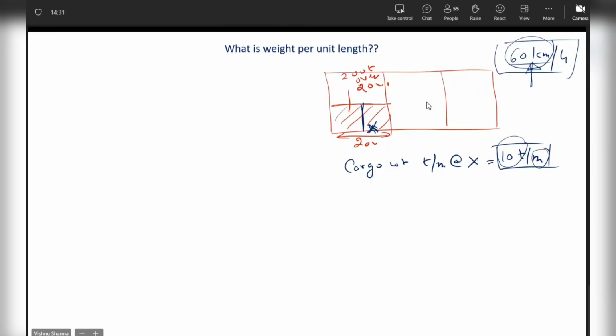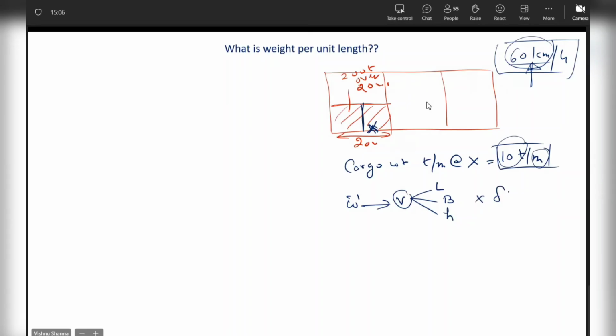Now, if you look at this diagram that I have drawn, what will the weight of the cargo per unit length depend upon? The weight of the cargo in the hold, or at any point, will depend on basically the volume of the cargo. The volume of the cargo in turn will depend on the length of the cargo, breadth of the cargo, and height of the cargo, together with the density of the cargo.